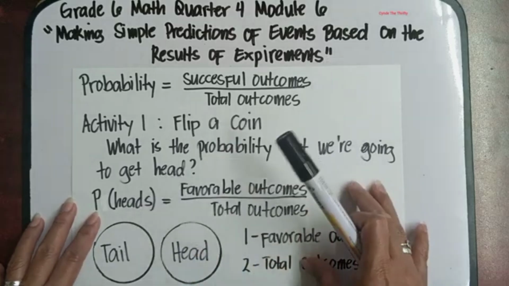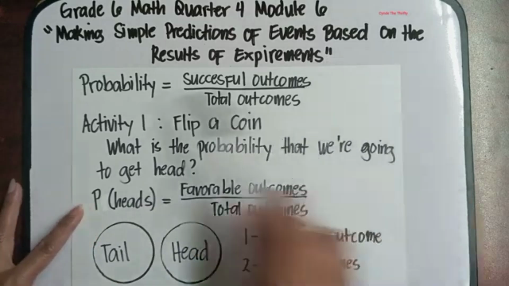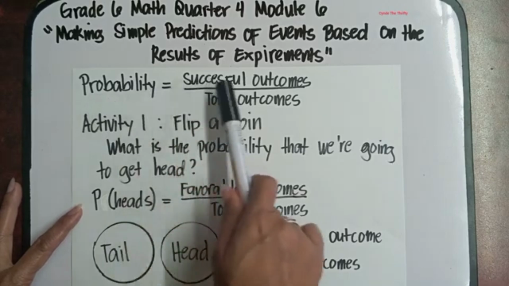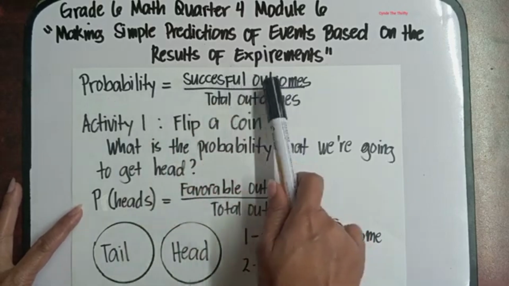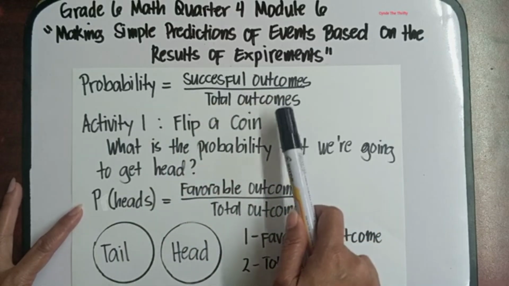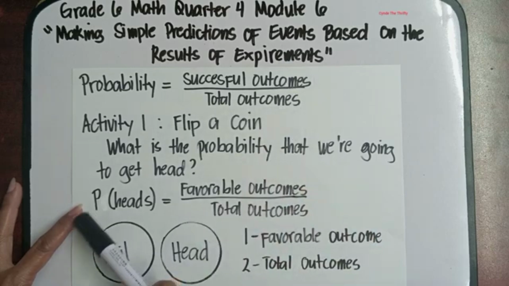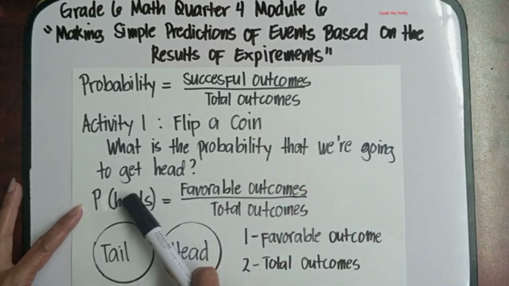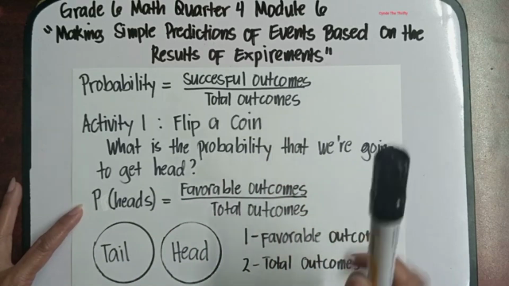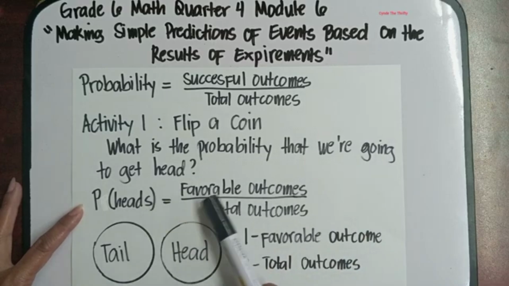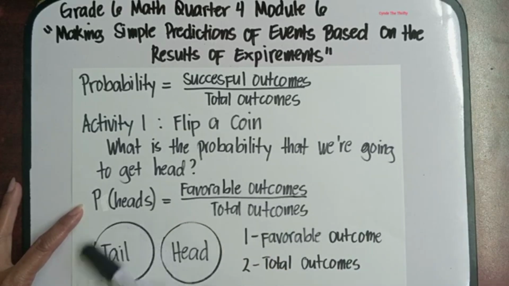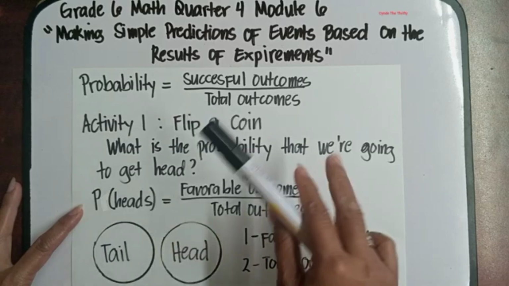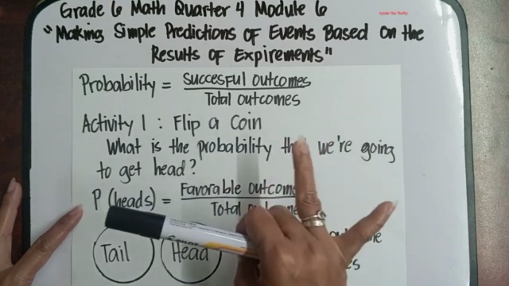Paano ba natin siya kukunin or isolve? So, meron tayong formula. Probability is equal to successful outcomes or favorable outcomes divided by the total outcomes. So, ganito yan siya. Probability, heads. Kasi heads yung gusto nating makuha na result, diba? Equals favorable outcomes divided by the total outcomes. So, kung ito yung coin natin, ito yung kanyang tail at ito yung kanyang head. So, tig-iisa lang, isang head at isang tail.